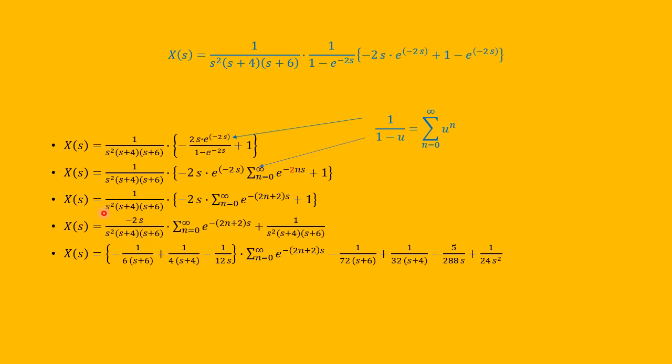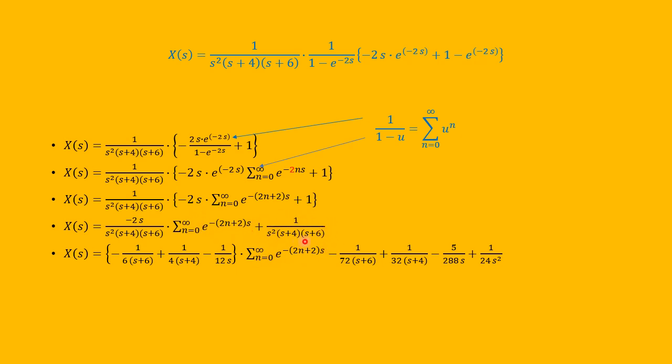So let's expand minus 2s over s squared, s plus 4, s plus 6. The details of this partial fraction decomposition are left to you. We've seen how to do it before. This fraction turns out to equal minus 1 over 6s plus s minus 1 over 6 times s plus 6 plus 1 over 4 times s plus 4 minus 1 over 12 times s, and then it's multiplied by this exponential.